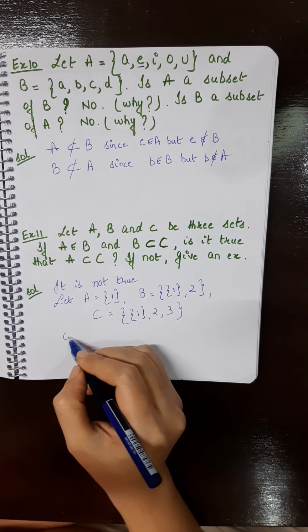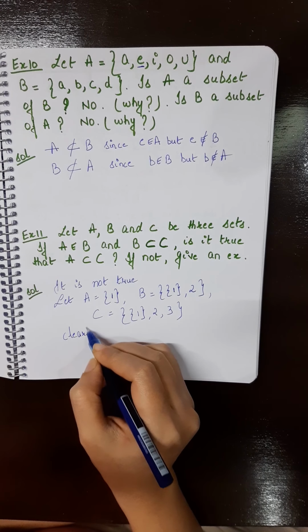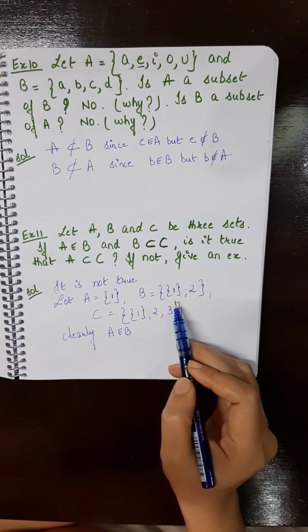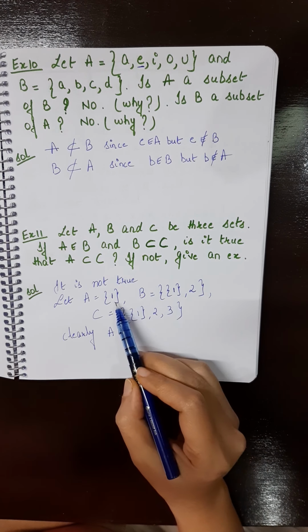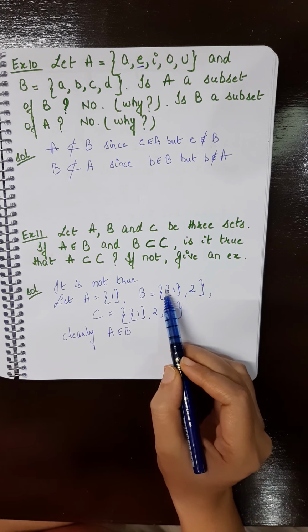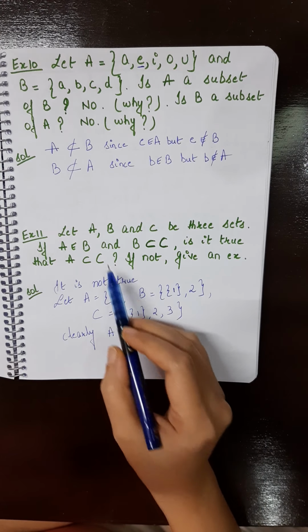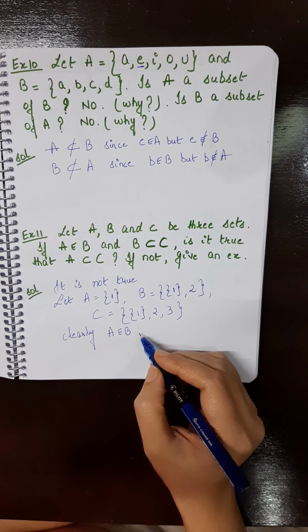Now clearly, the way I have constructed it, A belongs to B, because A is an element of B. This is an element of B, and on its own it is a set. Let A, B, C be three sets.